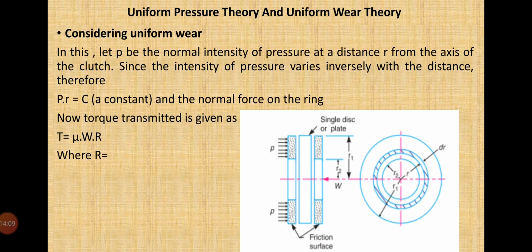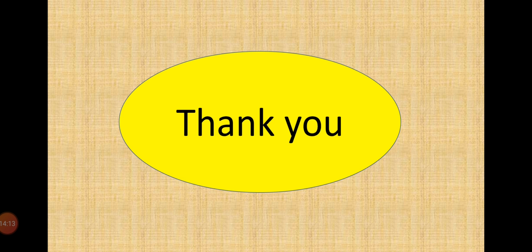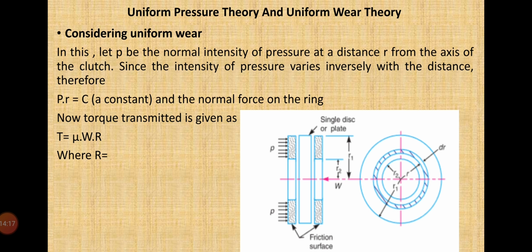The torque is equal to mu into W into R, where mu is the coefficient of friction, W is the axial load and R is the mean radius, where R can be written as small r1 plus small r2 divided by 2.